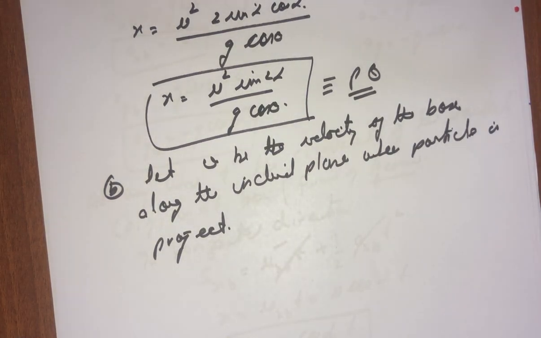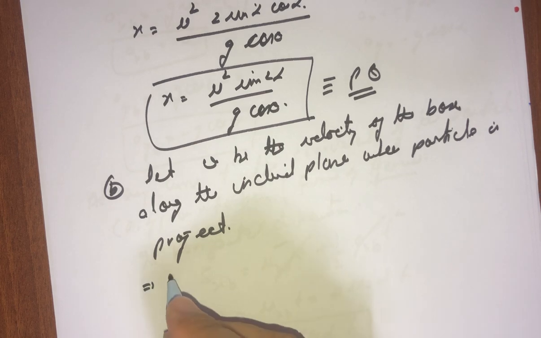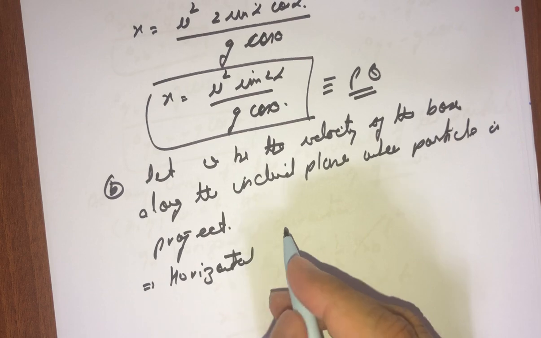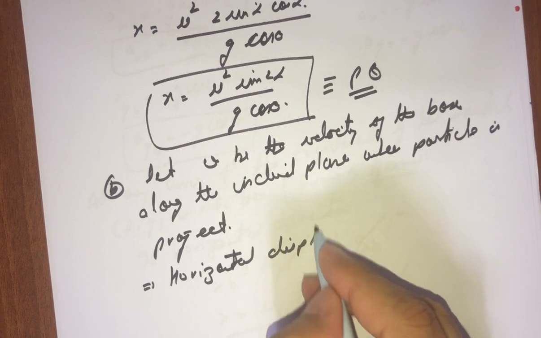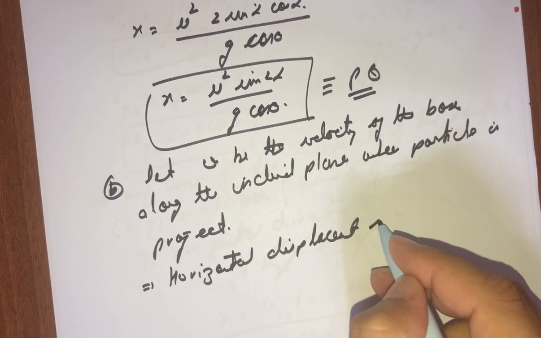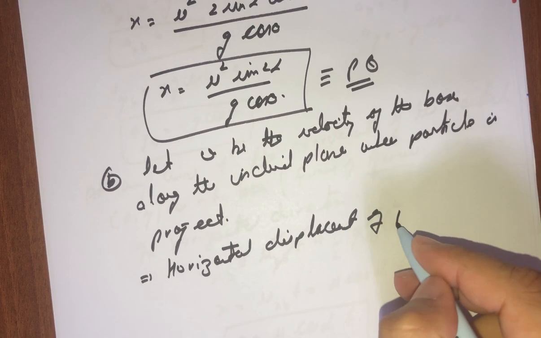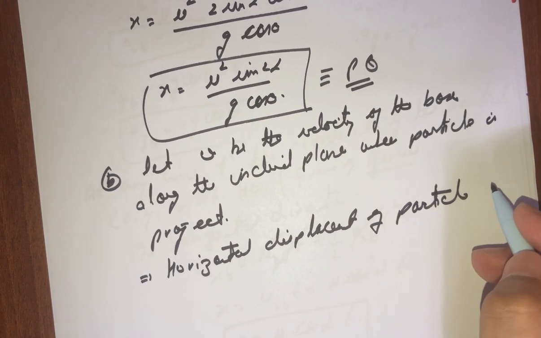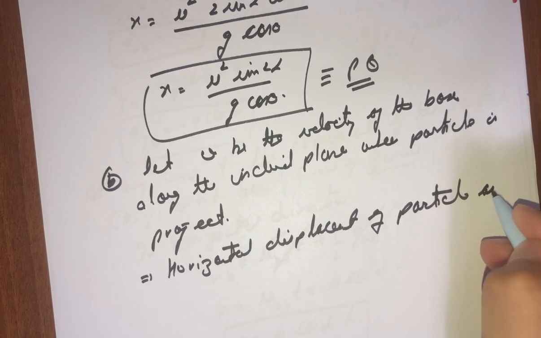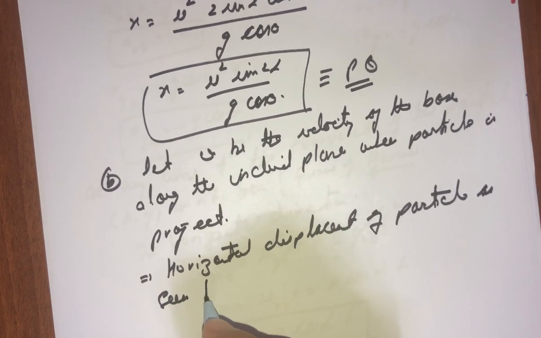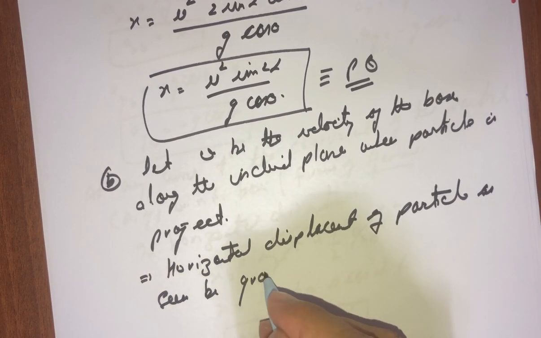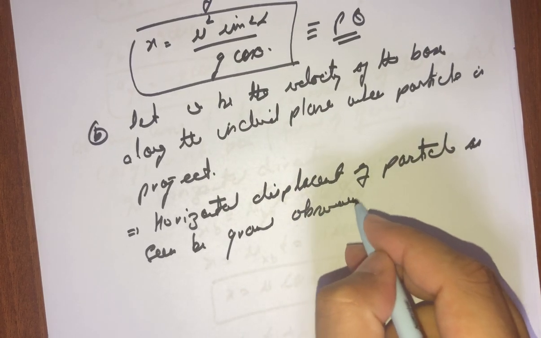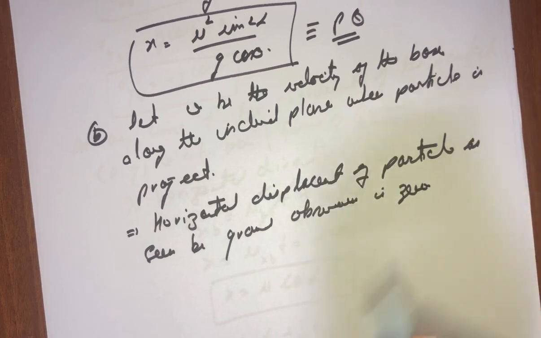And it is also given in the question that the horizontal displacement of the particle as seen by the ground observer is 0.